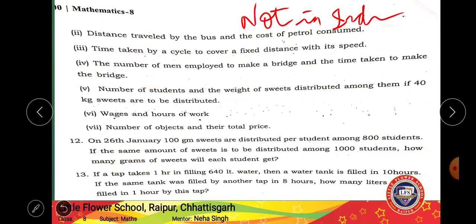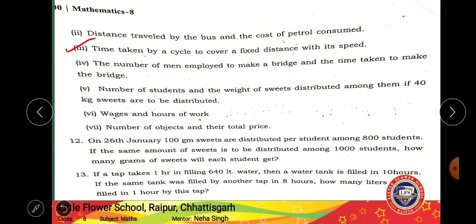See now, time taken, if the speed is increased, the time taken will be less, right? So yes, you can write yes, inverse variation. So third one is inverse variation, right?